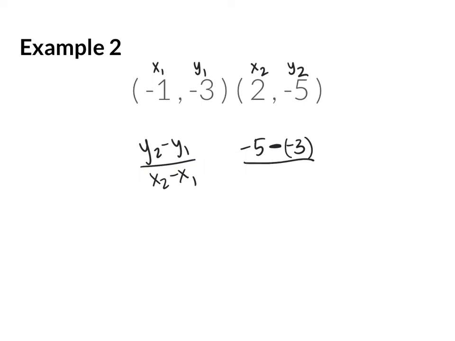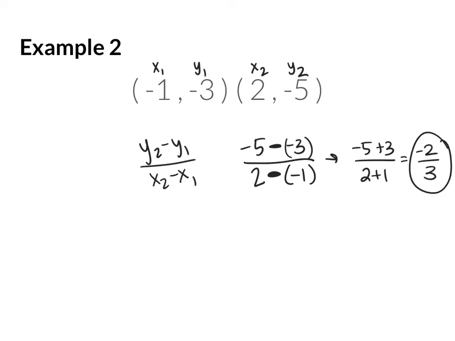I put that over x2 minus x1. I have those double signs that I'll simplify, over 2 plus 1, giving me -2 over 3 for my slope.